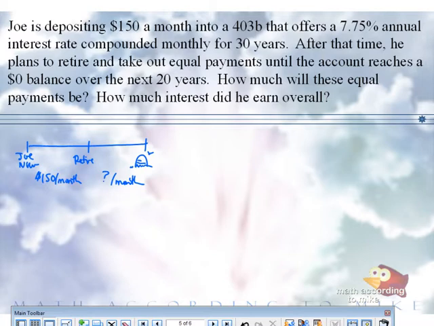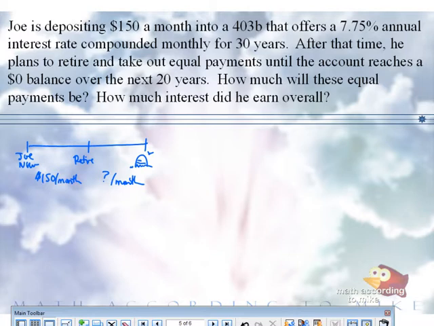So we have two formulas going on because we have a building up process, then we have a taking out process. In the building up process, we know how much he's paying to that account. What formula is that? It's not going to be present value.